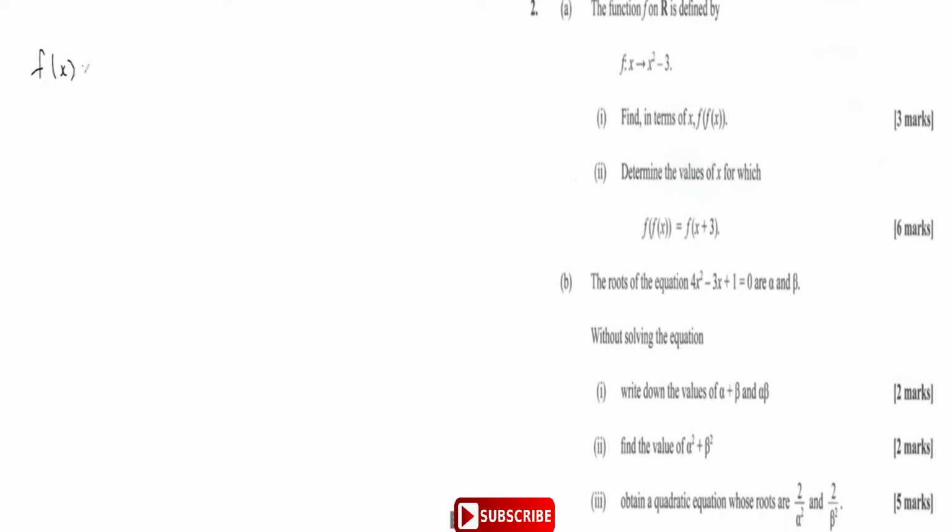Now, we know that it's a quadratic function that turns on the y-axis, at the y-axis intercept. But they don't even ask for that. It's just asking us to find f of f of x. So that means you substitute f into f.